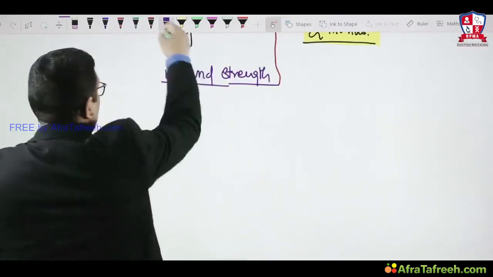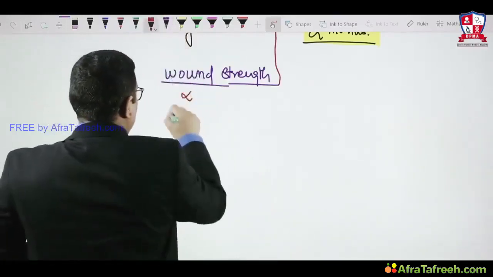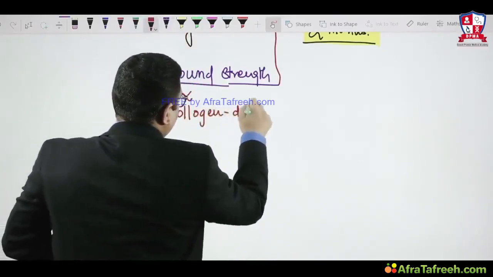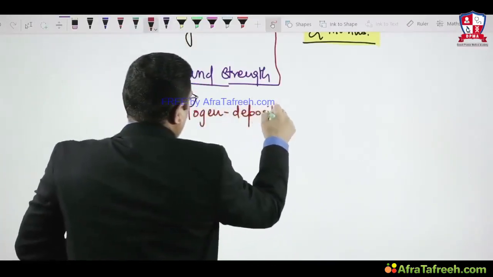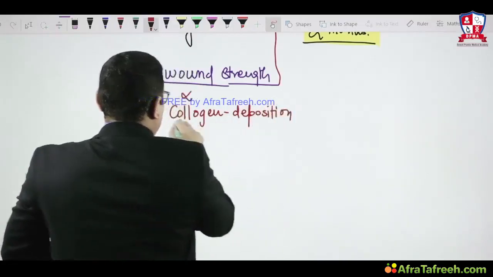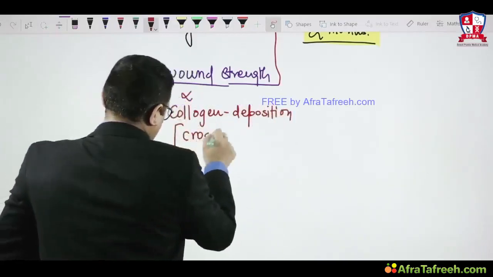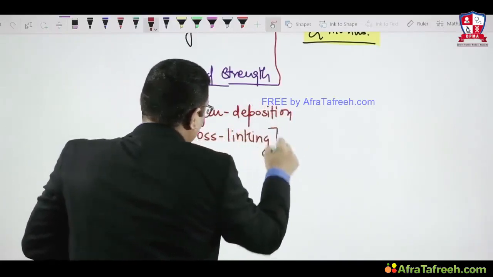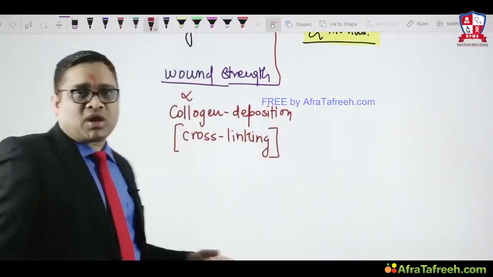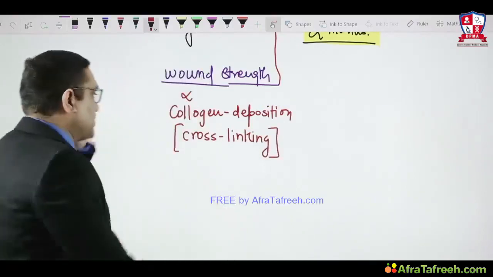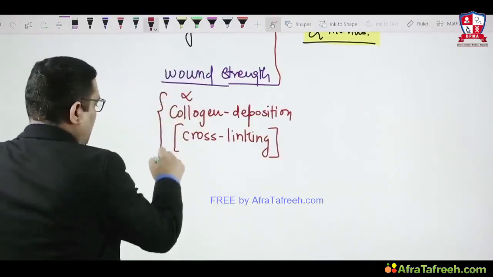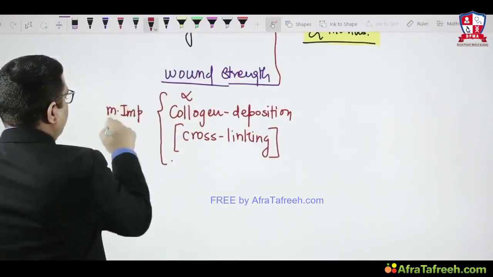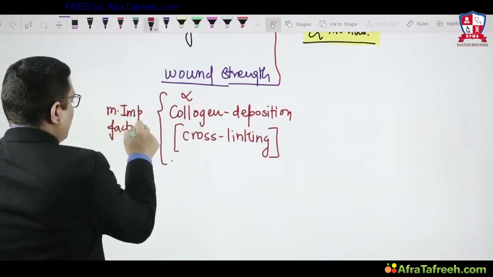Tensile strength of the wound is directly proportional to the collagen deposition, or you can say cross-linking of collagen. So cross-linking of collagen is one of the most important factors for tensile strength of the wound, right? So remember, this is the most important factor for strength of wound.